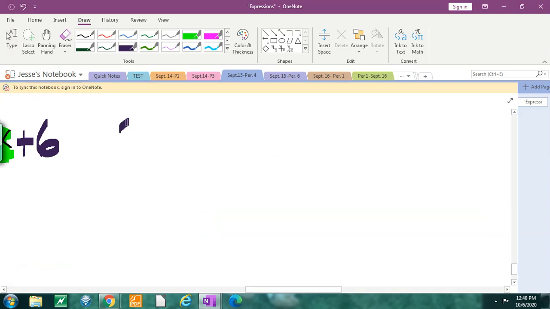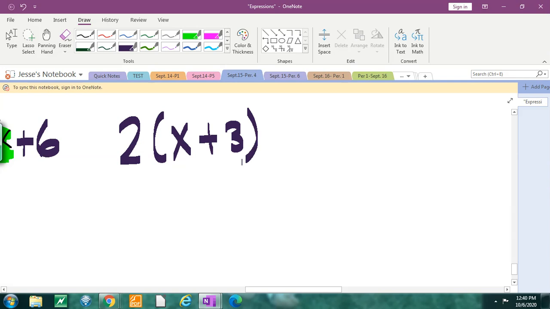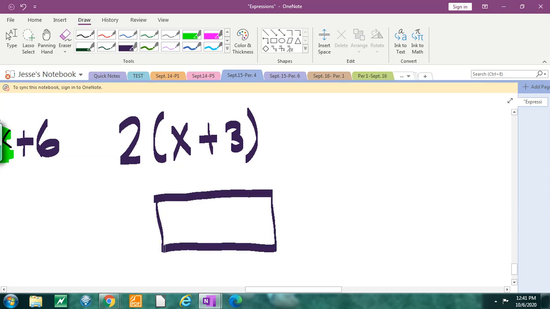So we got 2 times x plus 3. Okay. So this is what you're going to do. You're going to draw a box. Remember how we drew one? So we're just going to draw one box. It's called the area model. And we're going to draw within the box. We're going to break it into 2. Why 2?